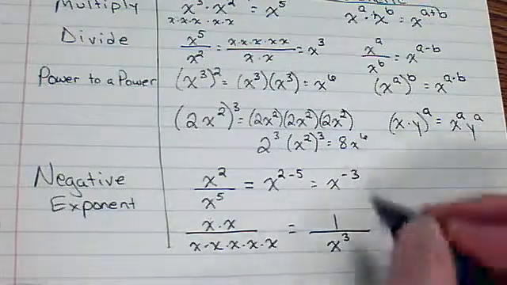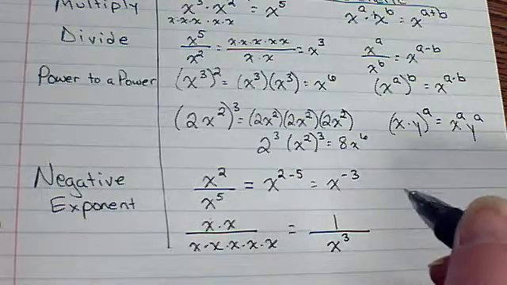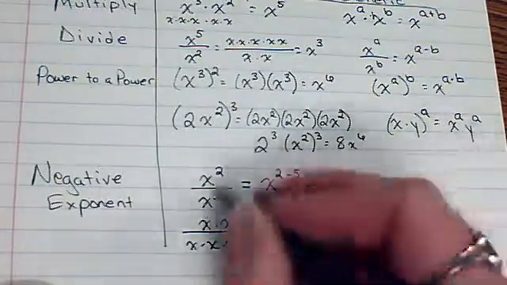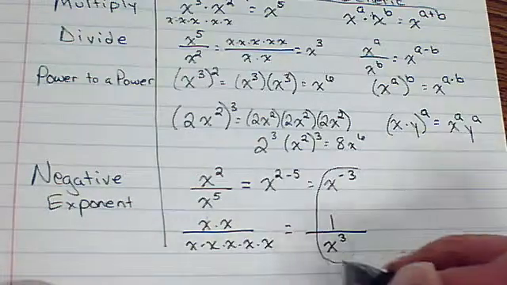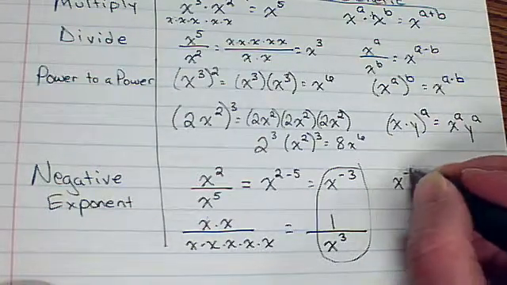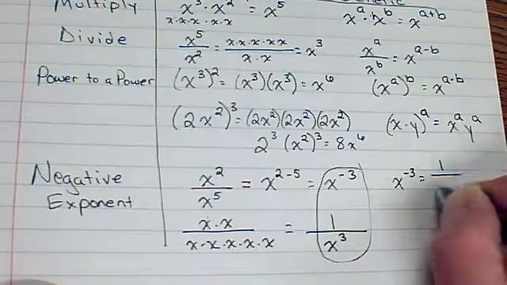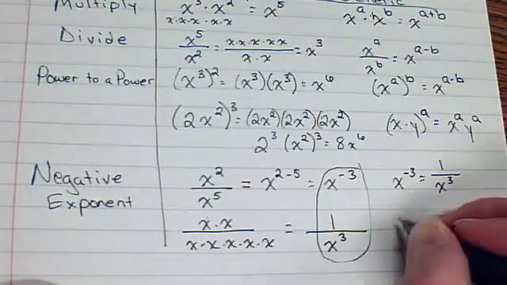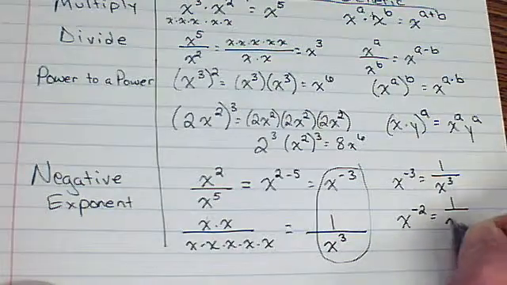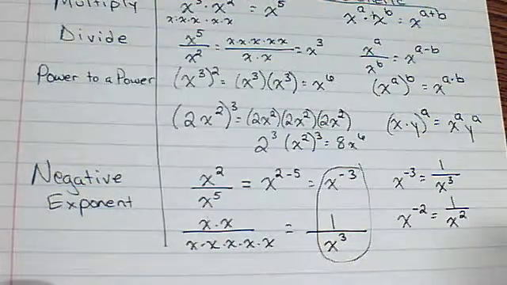In the math world, we prefer to not have negative exponents. Do you see that either way we do it, these two things are the same? So x to the negative 3 is really 1 over x cubed. So that would mean that x to the negative 2 would be 1 over x squared, and so forth.